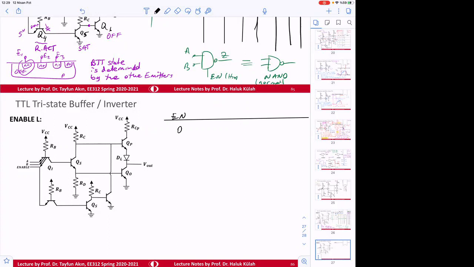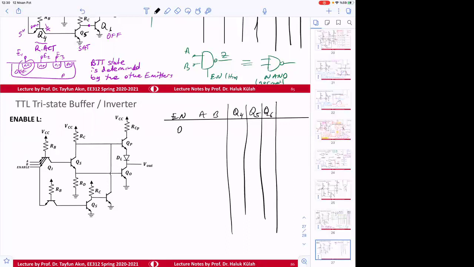If enable is 0, A and B, so let's say this is Q4, Q5, Q6, and then we can look at QO and we can look at QP and DL.